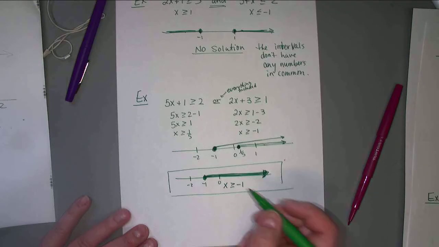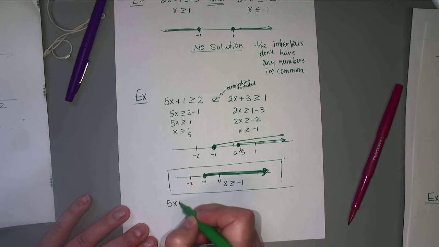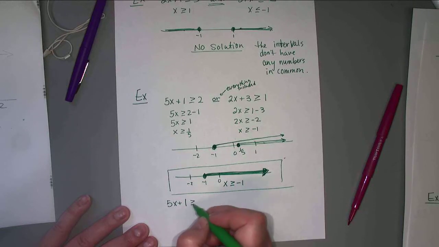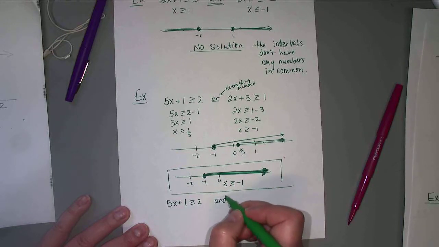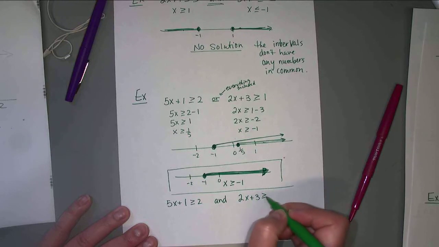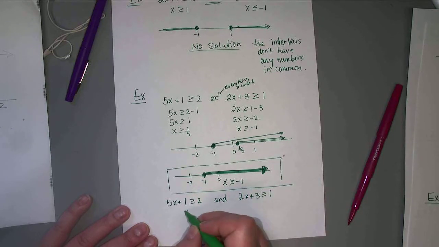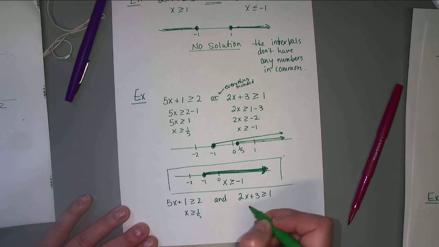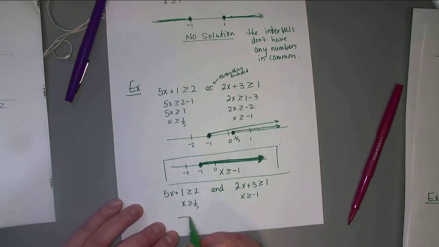Now if we did the same question, but said and, then we're looking for the overlap. So just going back, this is greater than 1/5, and this gave us greater than negative 1. So if we look at that number line that we drew, so here's negative 1, and 1/5 was here.